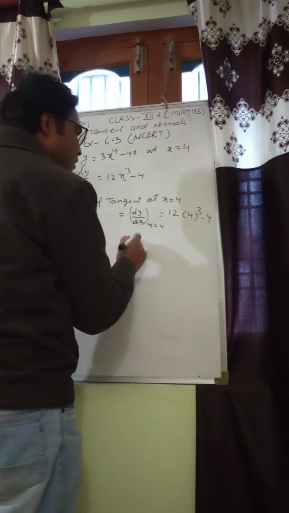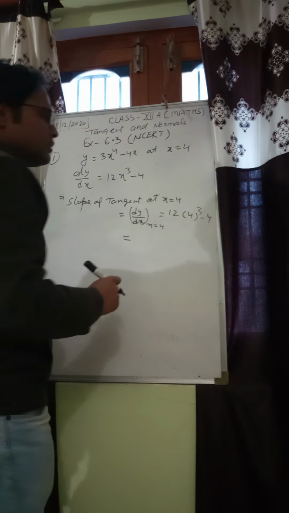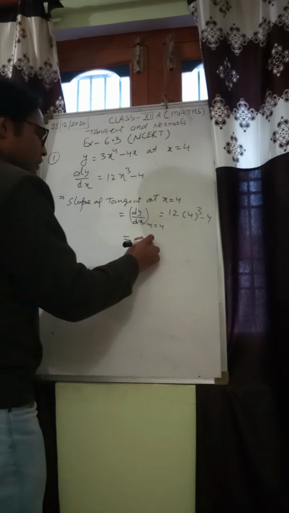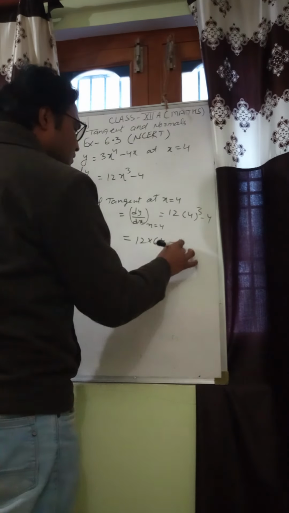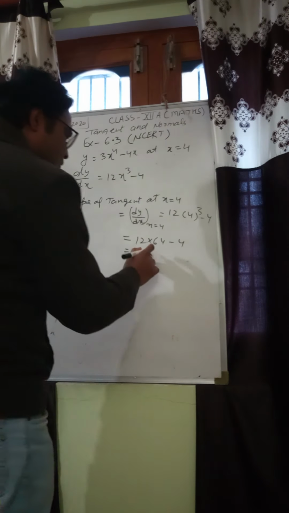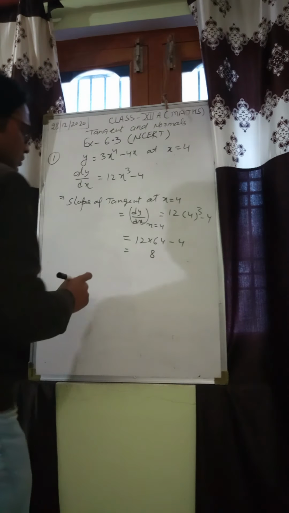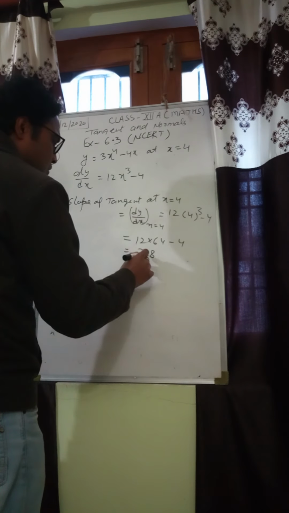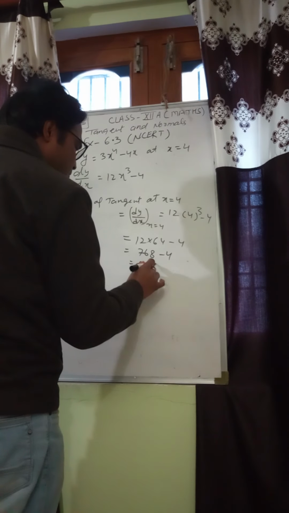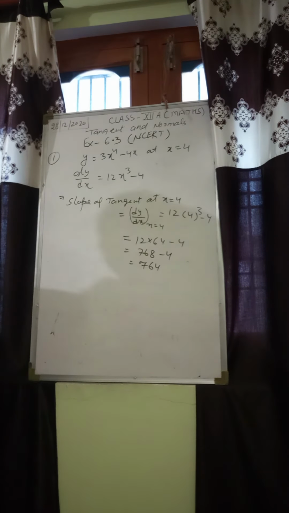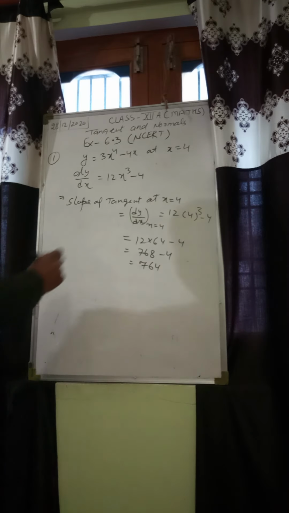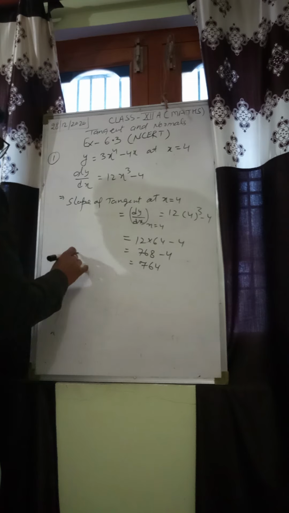So 4 fours are 16, 4 sixteens are 64, 12 into 64 minus 4, that will be 764. So that is the slope of tangent.